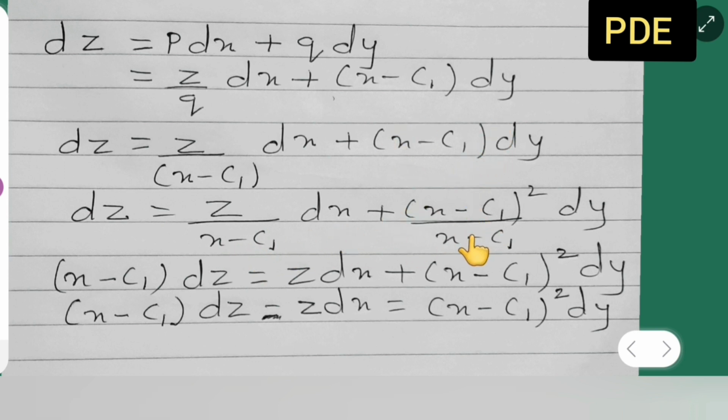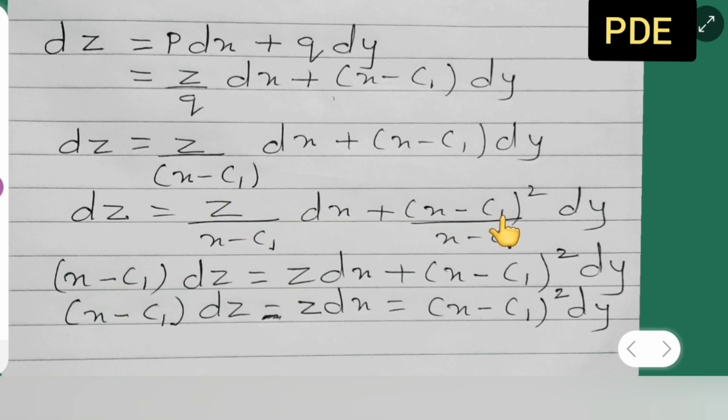We need to balance this, right? So square this term upon x minus c1. If you cancel this term, you will get only this will remain, right? Dy. So x minus c1, take it this side, left hand side, okay? X minus c1 into dz is equal to what is left?